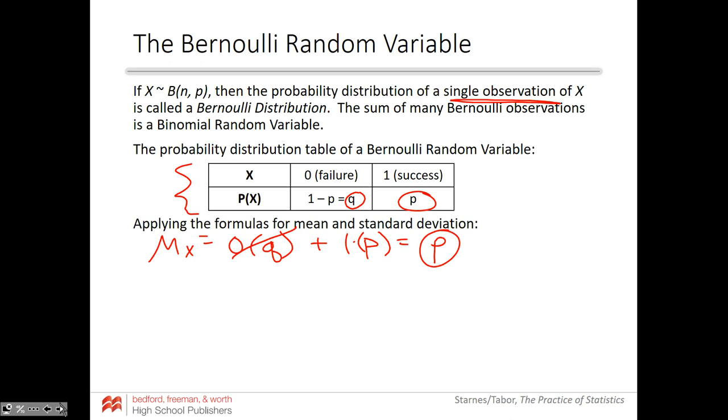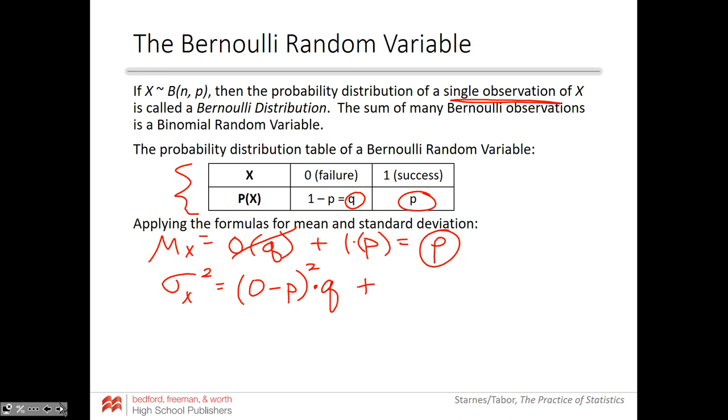Now I want to find the standard deviation, so I'm going to find the variance first. To find the variance, I take the individual outcomes, the x values, and subtract the mean from it, so 0 minus p, but then I square it to make them all positive. Then I weigh that by multiplying by the probability of each outcome, so times q.